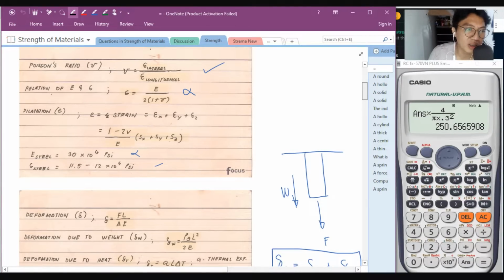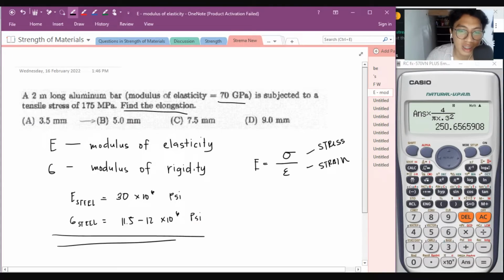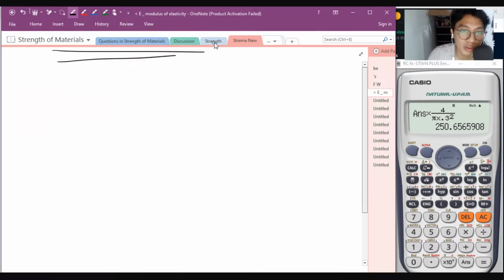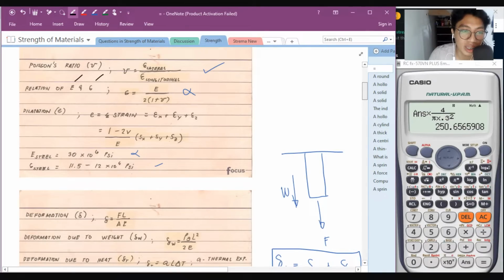Now, the relation of the elasticity and rigidity, paano mo kuha yun? Tignan nyo ito. Tandaan nyo yan. G is equal to E divided by 2 times 1 plus the Poisson ratio.